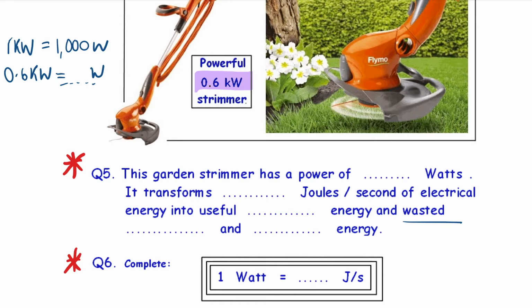So in order to trim that grass, you've got a piece of cord coming out, which is rotating around and cutting the grass. Now that grass isn't cut by the sound of the strimmer. That's wasted energy. It's not cut by the heat of the strimmer. That's wasted energy. It's cut by the movement of that cord.